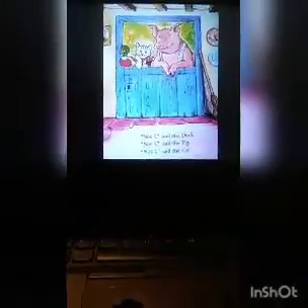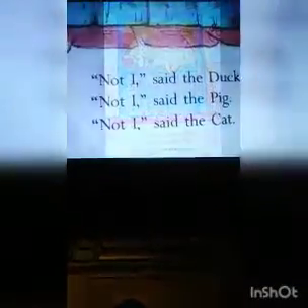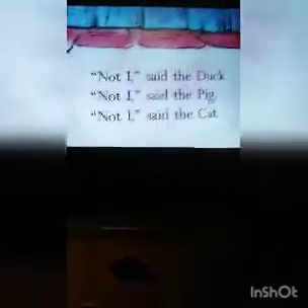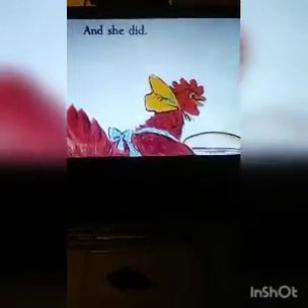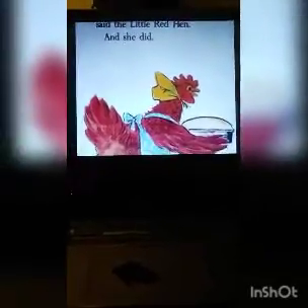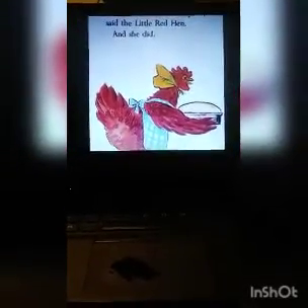When the dough was ready to go into the oven, the little red hen asked, "Who will help me bake the bread?" "Not I," said the duck. "Not I," said the pig. "Not I," said the cat. "Then I will bake it myself," said the little red hen, and she did.